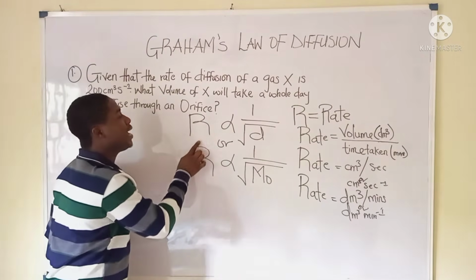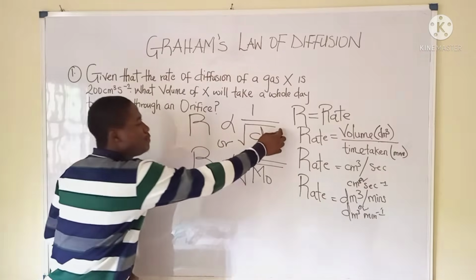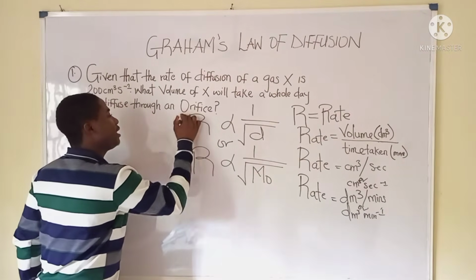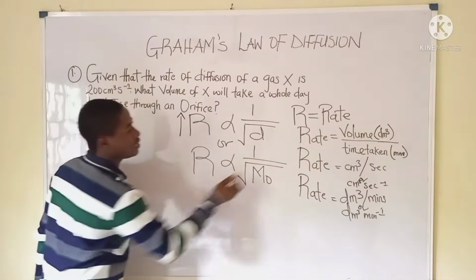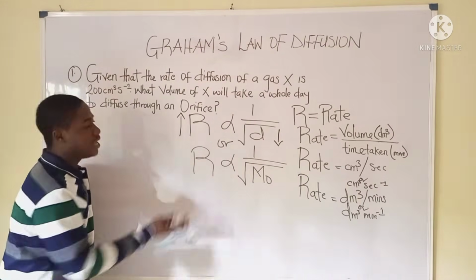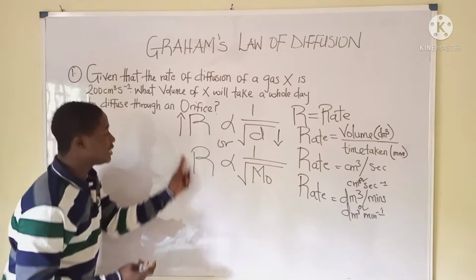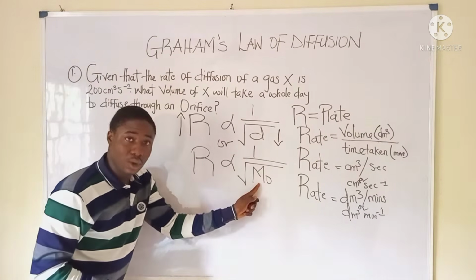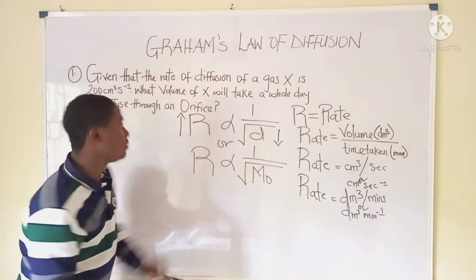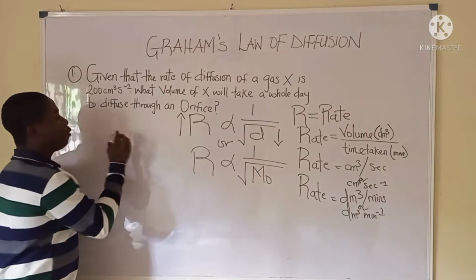So if the rate is increasing, it means that density will be decreasing, inversely. The same applies to molecular weight: if the rate is increasing, the molecular weight will be decreasing. This is what I mean. Now, Formula 1.